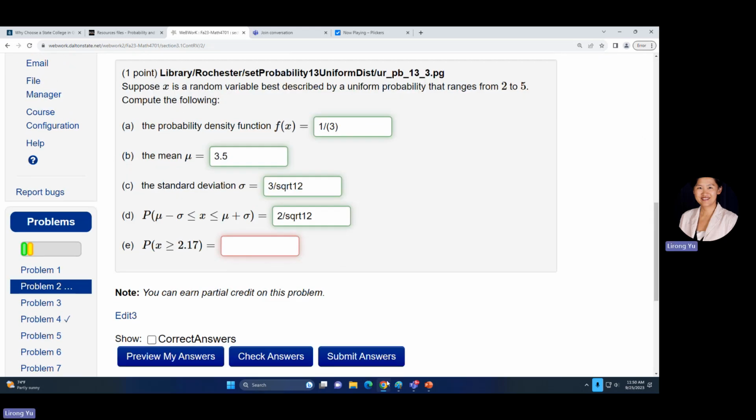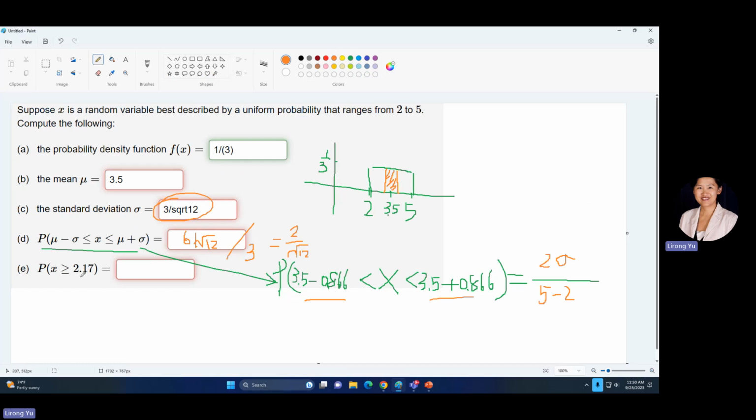The last one is easier because you just want to find the probability that x is higher than 2.17. The denominator is 5 minus 2. This is between 5 and 2.